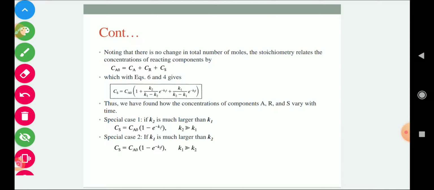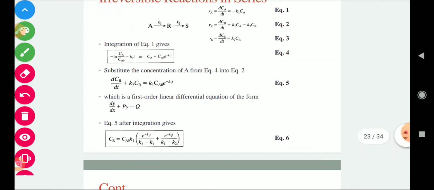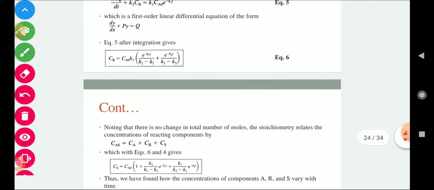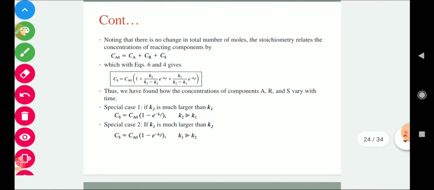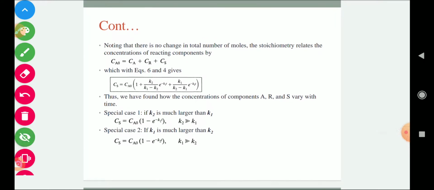Using equation 6 and equation 4, this gives the concentration of S. So this is the concentration of S, and the concentrations of A and R we already calculated. Thus we have found how the concentrations of components A, R and S vary with respect to time.